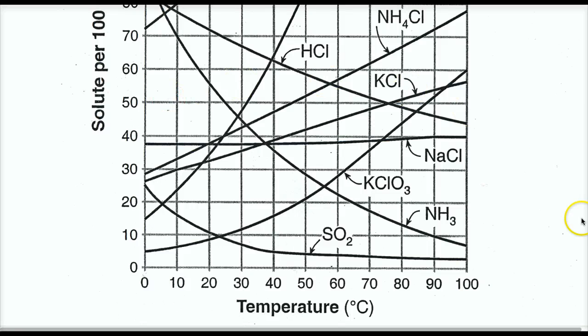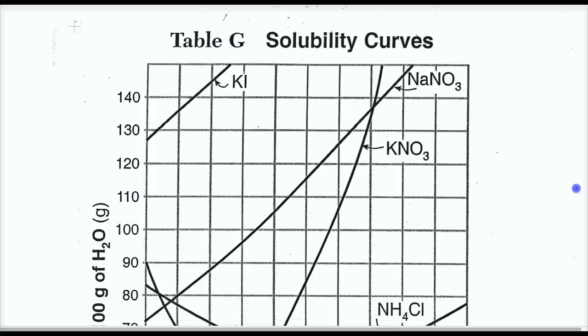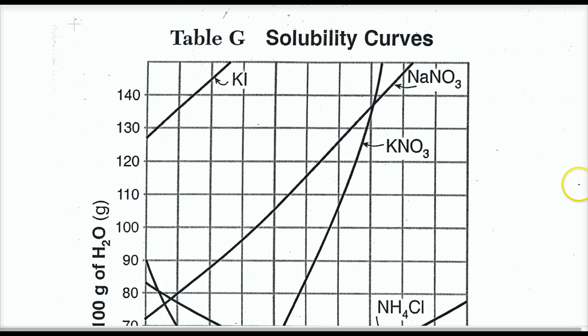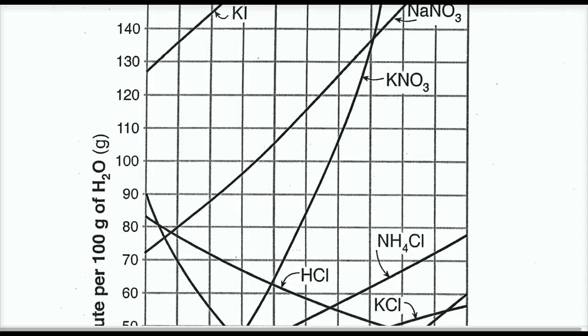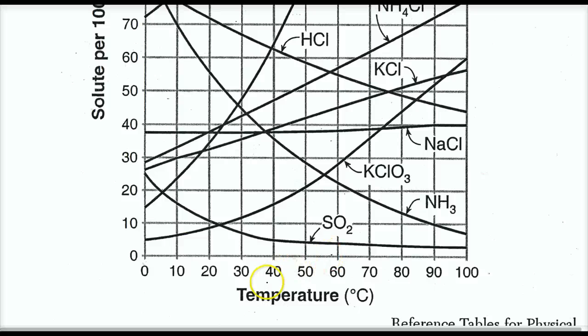Okay, so in this lecture, we're going to be reviewing how to do Table G problems. Table G is the solubility curve table, and this table shows us how temperature affects the amount that a solute can be dissolved in a solvent.